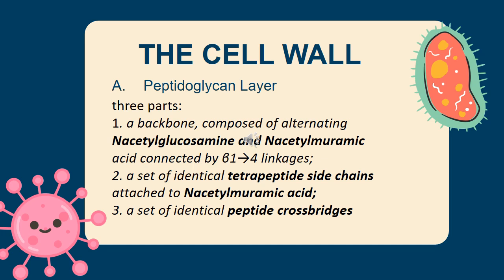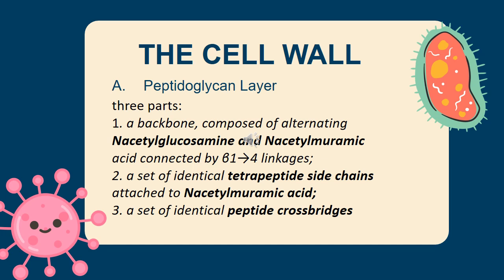So most of the bacterial cell walls have in common a unique structural component called the peptidoglycan. So take note that your peptidoglycan has 3 parts: the backbone, which is composed of your alternating NAG and your NAM, or NAG would be your N-acetylglucosamine and your NAM would be your N-acetylmuramic acid, in which these are connected by your beta-1,4 linkages.